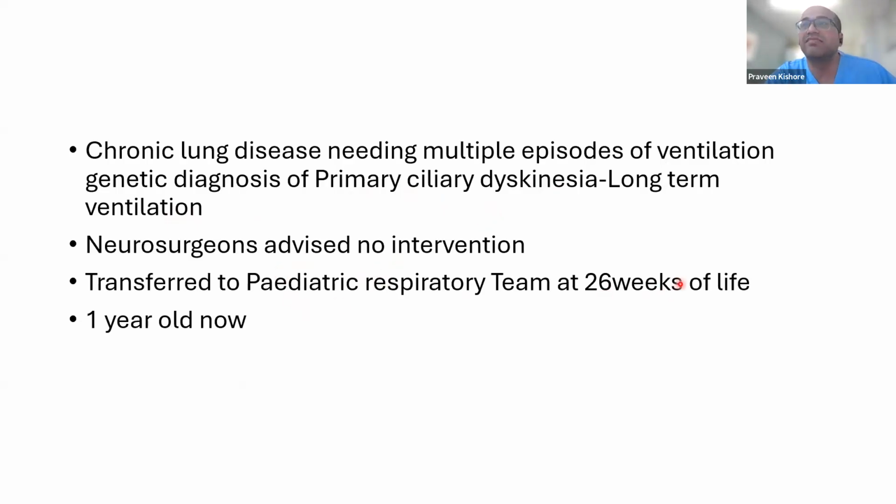At about 26 weeks after he was born, he was transferred to the Children's Hospital to the pediatric respiratory team. I actually met this child 2 days back. He's 1 year old now. He has not had a neurosurgical intervention and he's doing okay. So that was a case study.